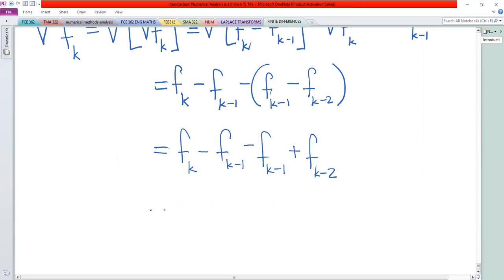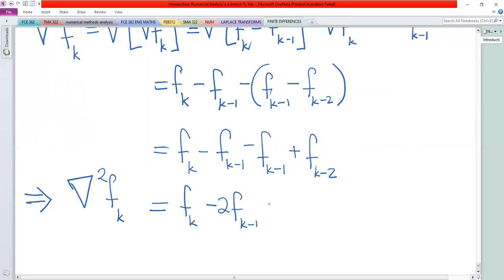Which implies that the second backward of fk will be given by fk minus twice fk minus 1 plus fk minus 2.